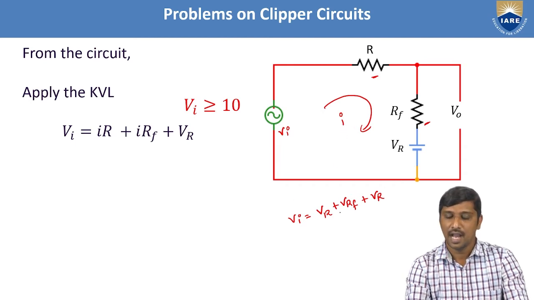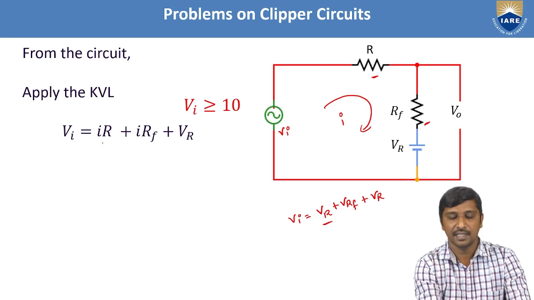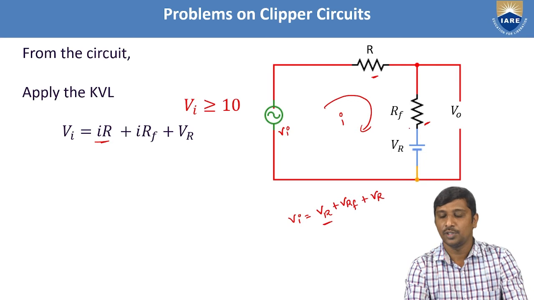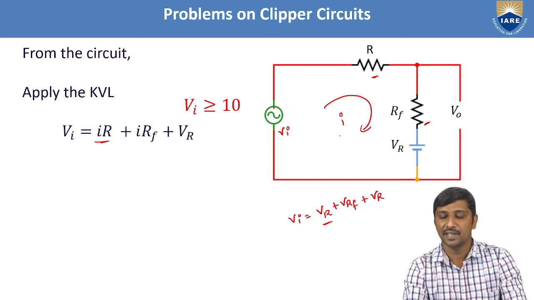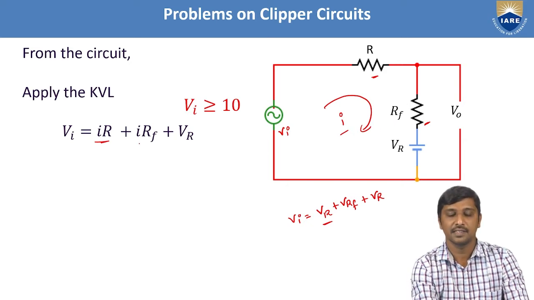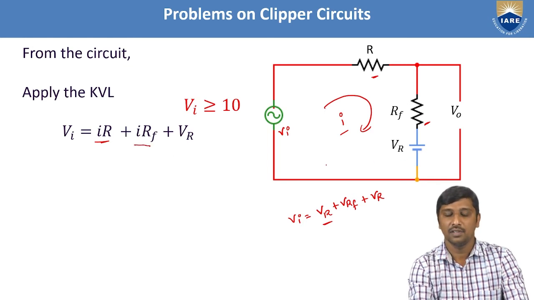So the voltage drop across R is I into R. Similarly, across this diode forward resistance RF the same current I flows, so the voltage drop is I into RF, along with the reference voltage VR.